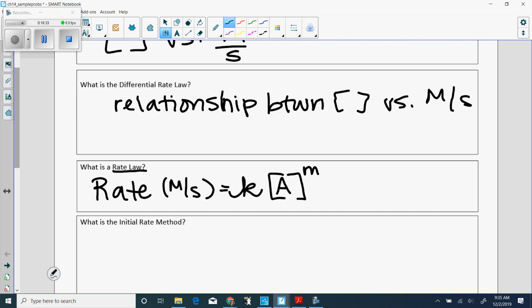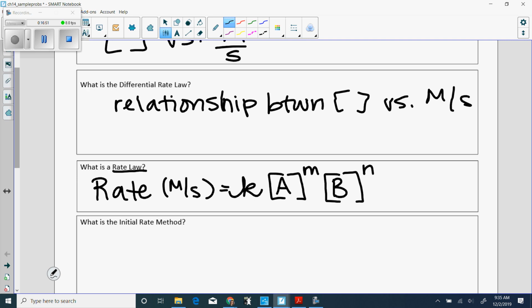That's called a rate order, times the concentration of the other reactant B to the n narwhal rate order. The rate order just says what the exponent is to give it its right curve.